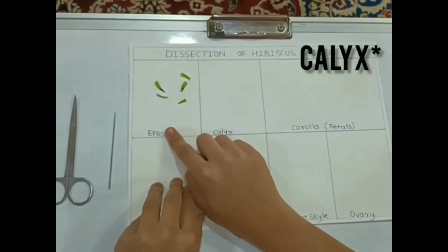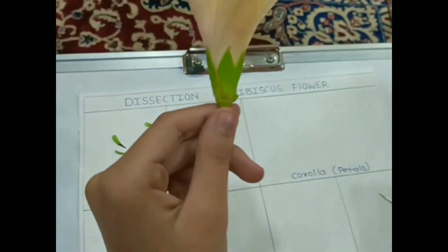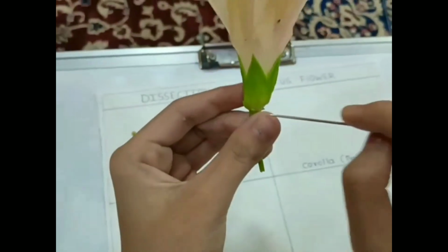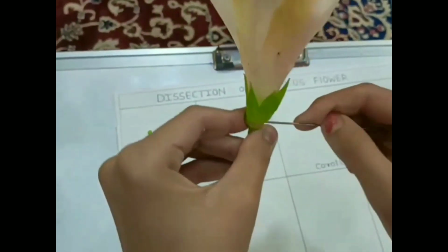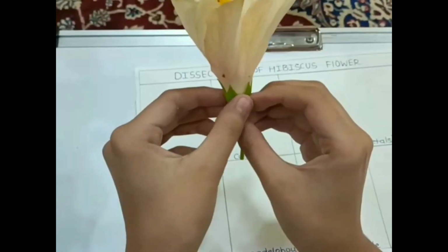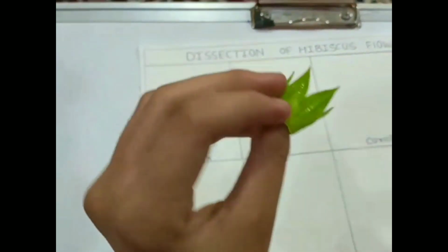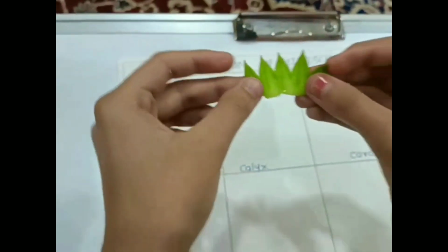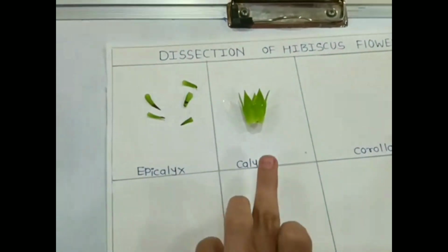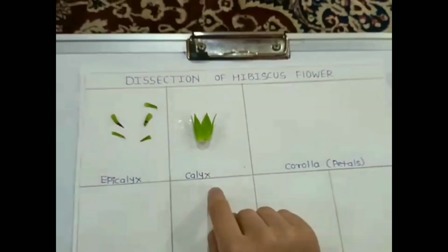The next is the epicalyx, which is also green in color, and I'm just removing it, which always has 5 sepals in it. So you can see here it is the second bottommost part of the flower. The pointed ends of the calyx are the sepals.